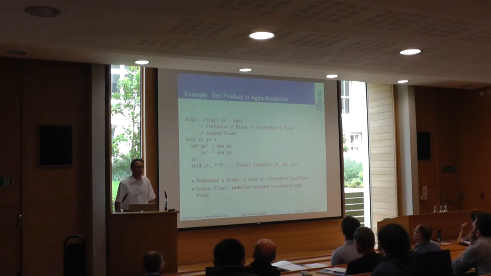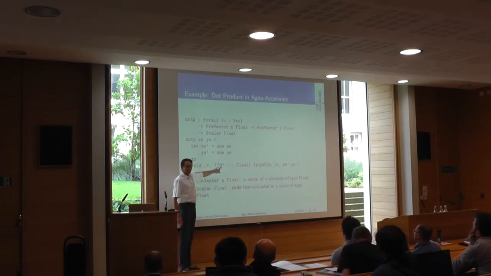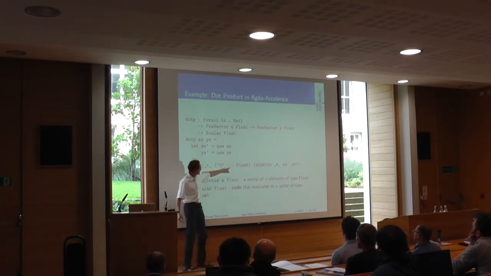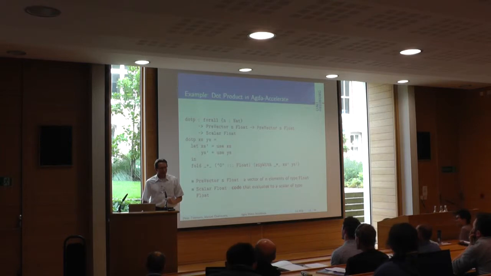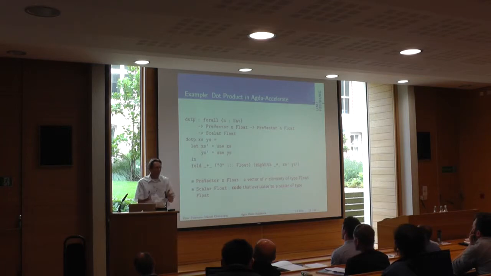Yes. What is the zero triple colon float? This is a string. So this is the way that we embed constants. This is a string, and this is a parsing function that's indexed by the type at which you want to parse it. Agda doesn't know floating-point numbers, right? It has some way of parsing natural number literals into its internal representation.